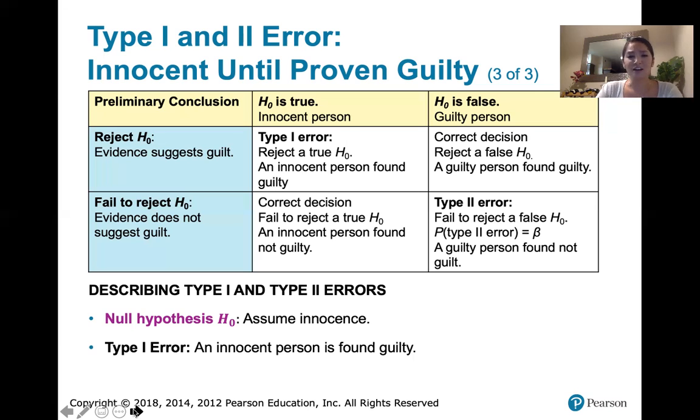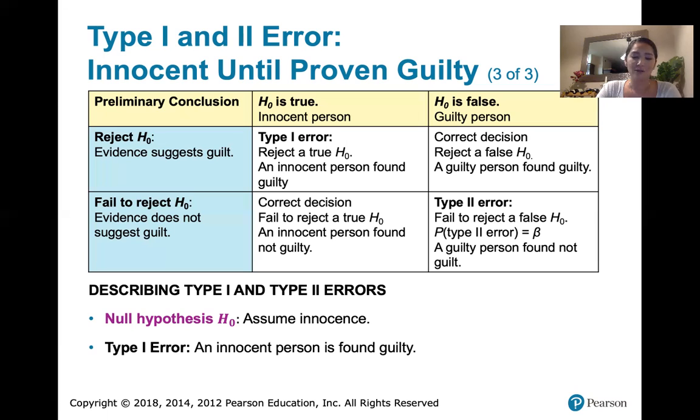Now, type 2 error is failing to reject a false null hypothesis. Now that's got a lot to it, failing to reject a false null. I mean, there's so many negatives there. Let's think about what this is. This is where a person is guilty. In reality, the person is actually guilty, which means that the null hypothesis that the person is innocent is false. But if the person is guilty and the evidence does not suggest that they're guilty, then we would fail to reject the null.